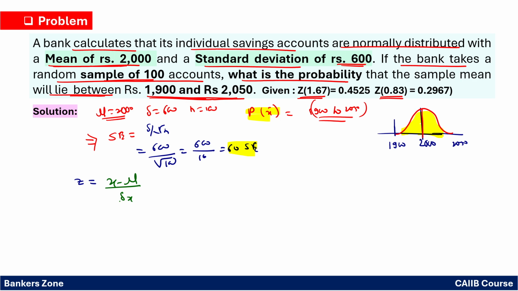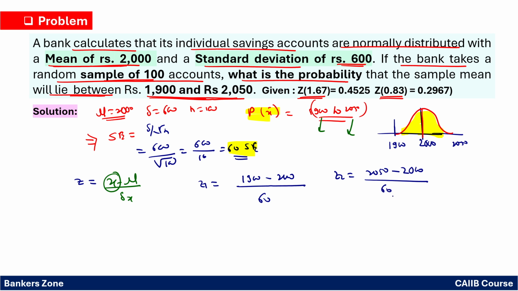So we have two values of x. First is 1900 and second is 2050, right? For both values we have to find the z. We will take them as z1 and z2. So z1 will be 1900 minus mu, which is 2000, divided by the standard error 60, and z2 will be 2050 minus 2000, that is mu, the mean, divided by 60, the standard error.